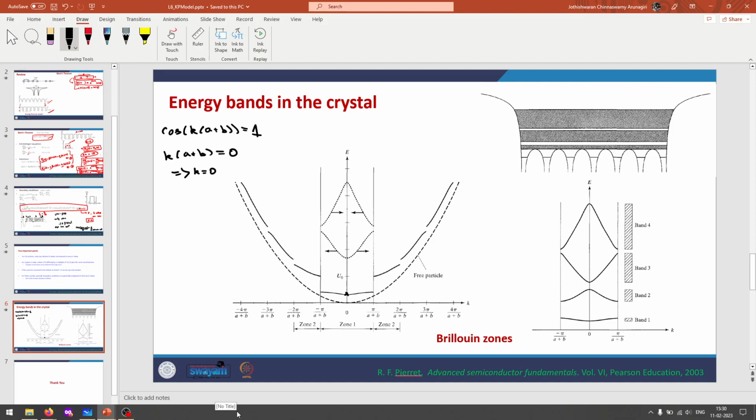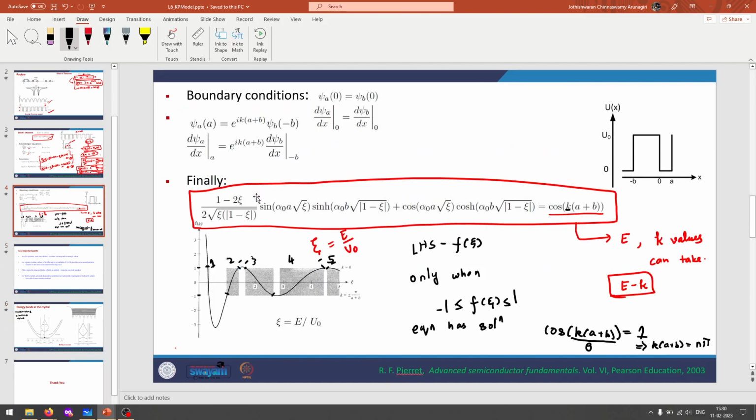Essentially, going up, at this point, we know what the value of xi is. Since we know what the value of xi is, we know what the value of E is. So over here, I am assigning the value k equal to 0. Now, since I'm assigning the value k equal to 0 at this point, I will now draw a new graph that is E versus k, where E is on the y-axis and k is on the x-axis.